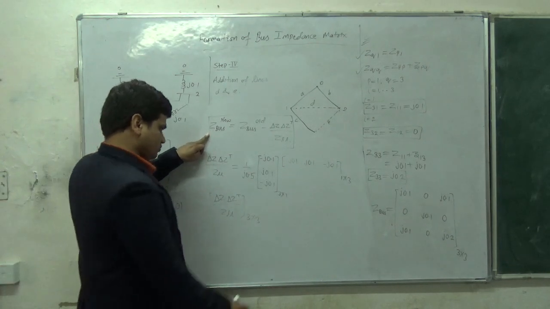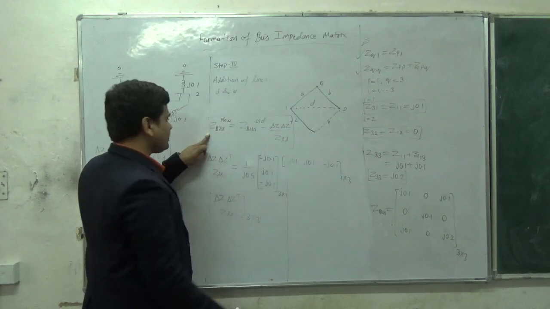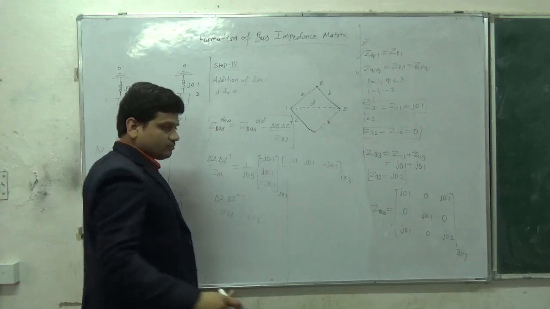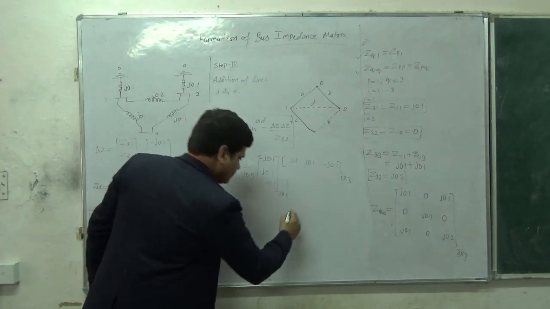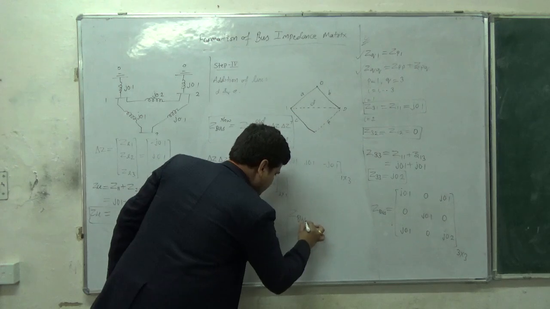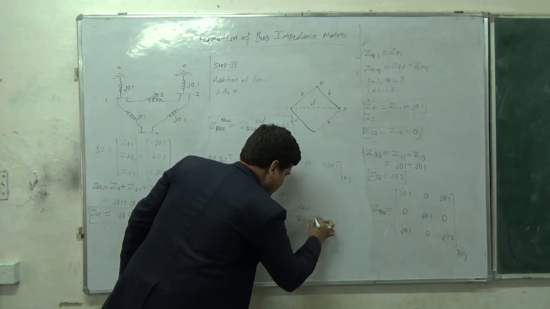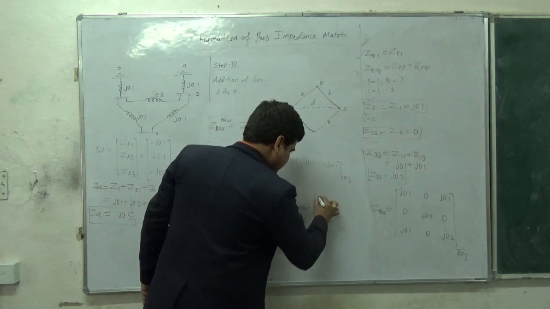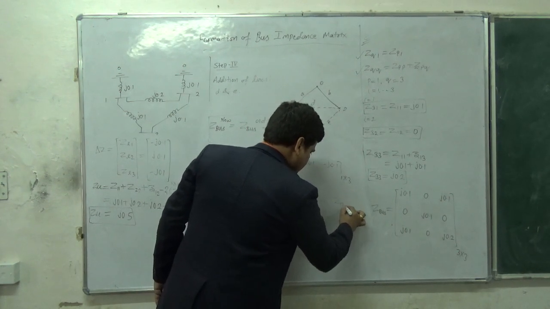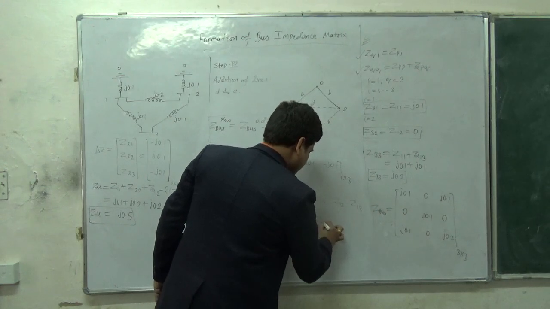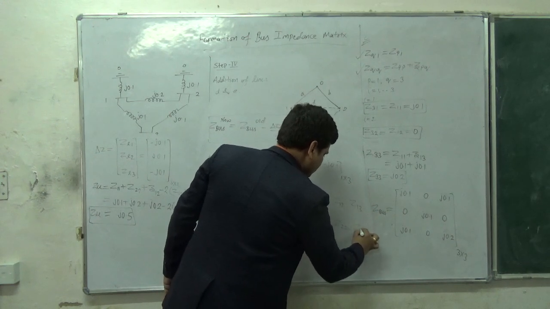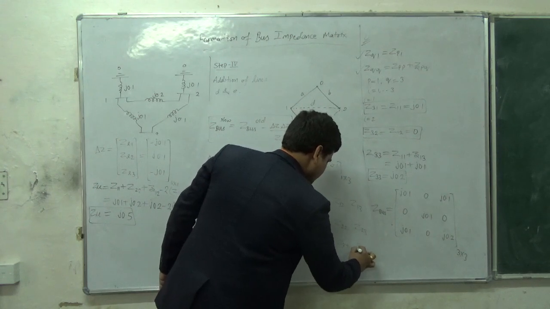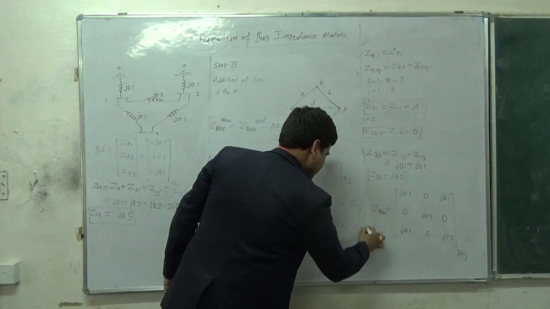So you can calculate the Z bus new up to the effect of D. E is waiting for us. So Z bus new is equal to Z bus old minus this one. So let's say this is Z11, Z12, Z13, Z21, Z22, Z23, Z31, Z32, Z33.